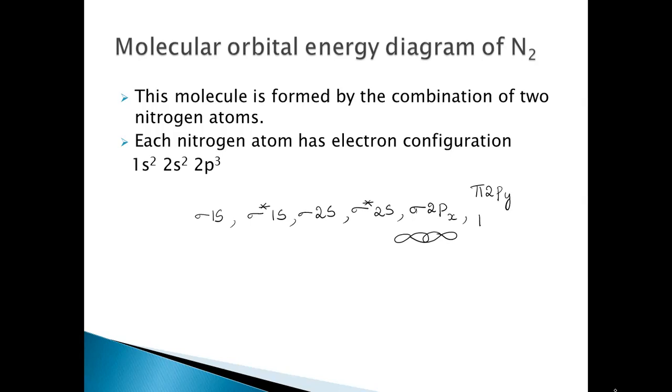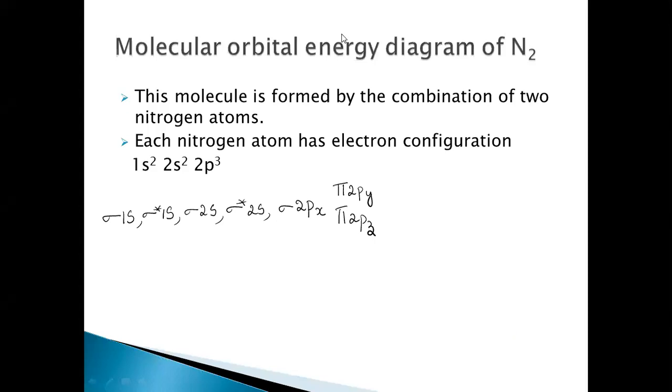So the energy of pi 2py and pi 2pz is the same. These are degenerate orbitals. So the order of energy now is sigma 2px, then pi 2py and pi 2pz.